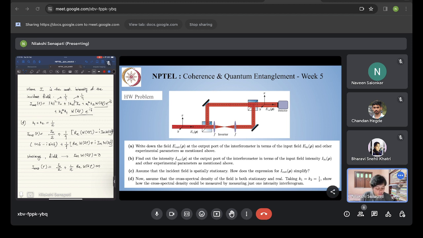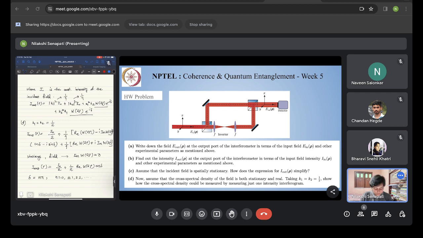This I discussed in the previous class also. This is just a recap of the previous class, because I discussed this part and told you to solve it as a homework problem. Now if we keep this delta, then delta can be n pi, where n equals 0, plus minus 1, plus minus 2, etc.